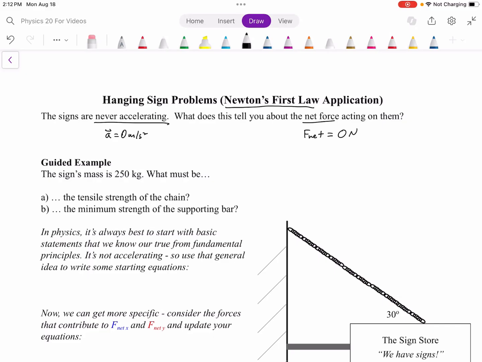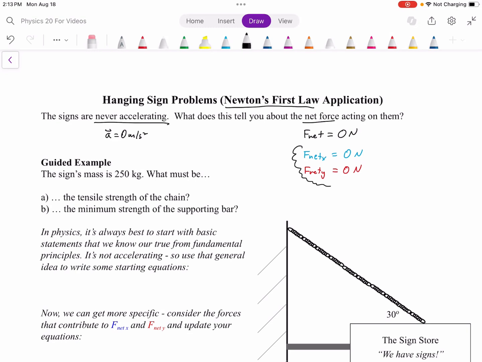And if the net force is 0, well, that means that F net x has to be 0, right? Otherwise, how could the net force be 0 if there's a net force horizontally? And similarly, that means F net y needs to be 0, right? Both components need to be 0 if the net force is going to be 0.